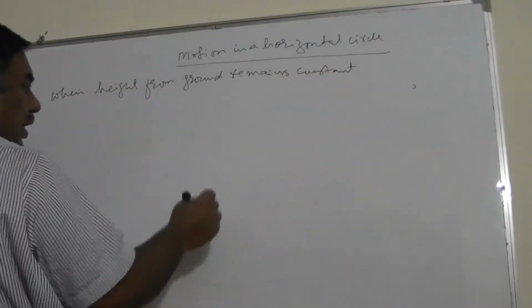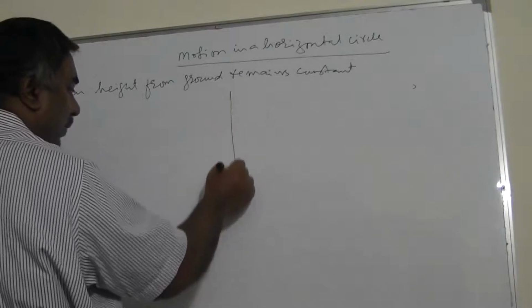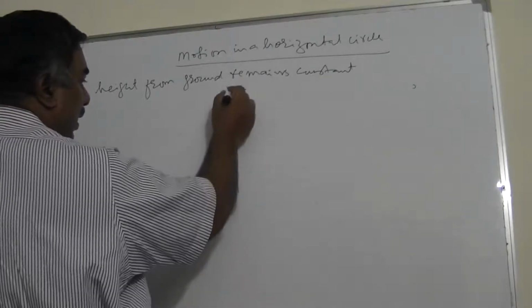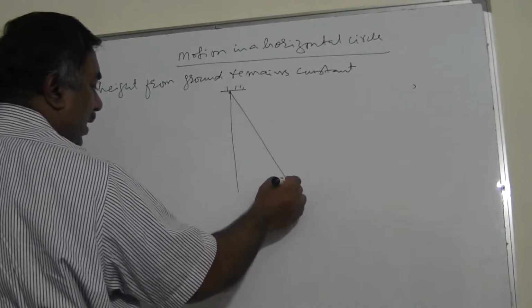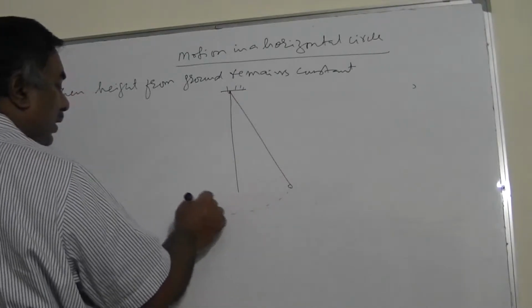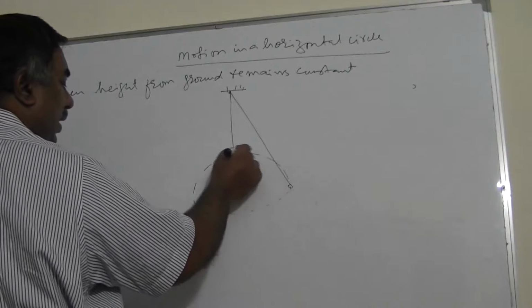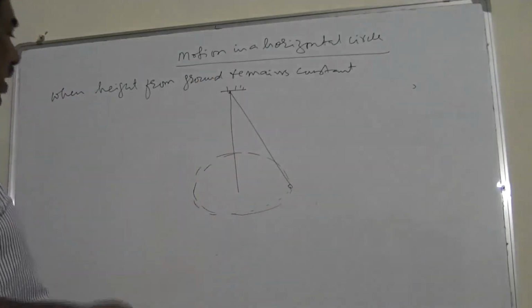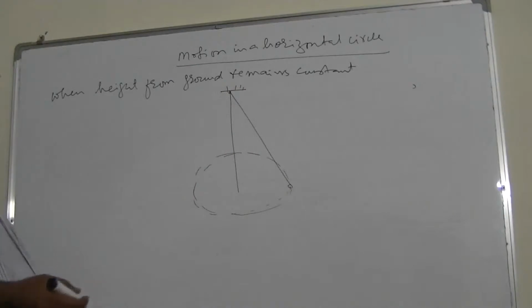For example, if you have a conical pendulum like this one, fixed over here, it moves in this way in a circle. It's a three-dimensional thing, and that's a circular motion.